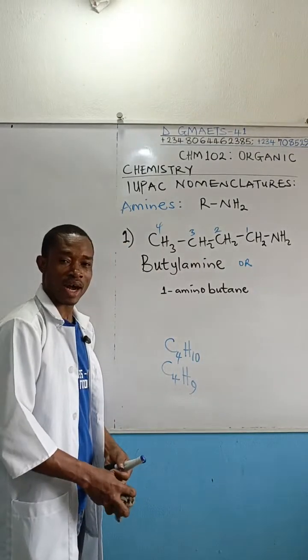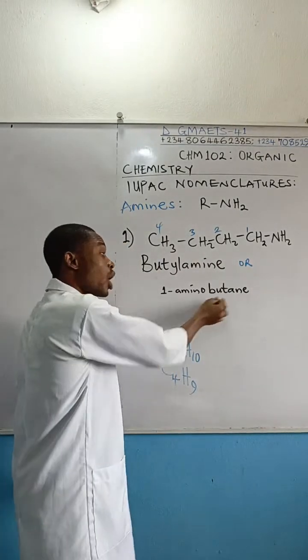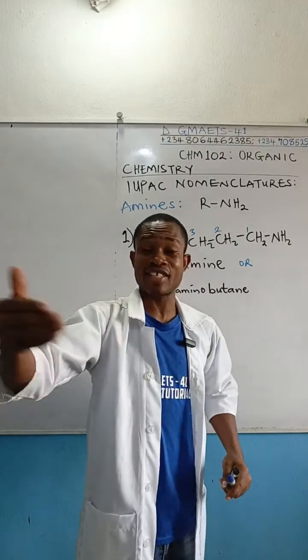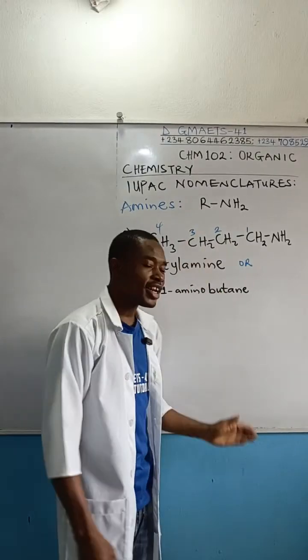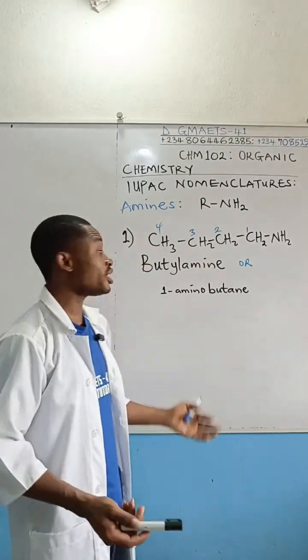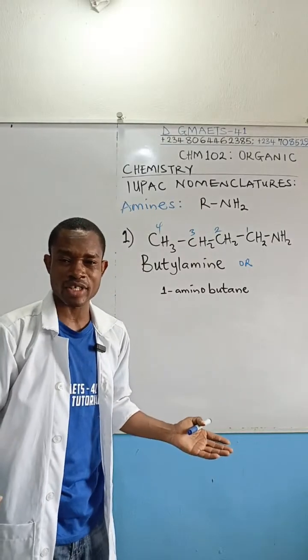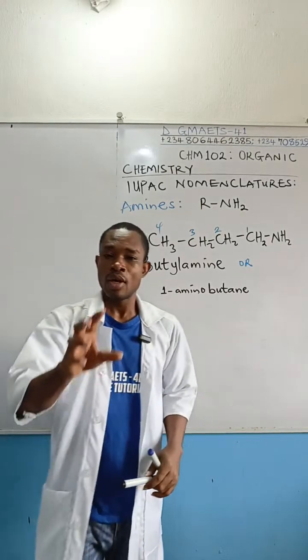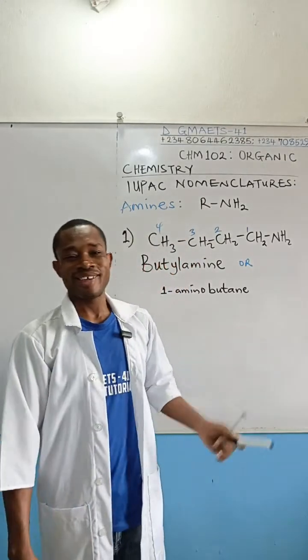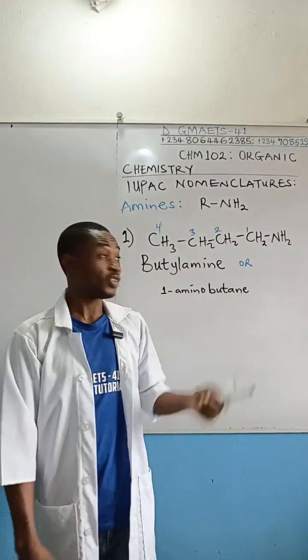I hope you're learning, right? If you want to go as an alkane, the choice is yours. If it is in a CBT case, objective test case, the options provided for you will determine how you name this structure, either as 1-amino-butane, if that is what is given to you, or butylamine. But 2 of them cannot be given as options in a particular question for this structure.